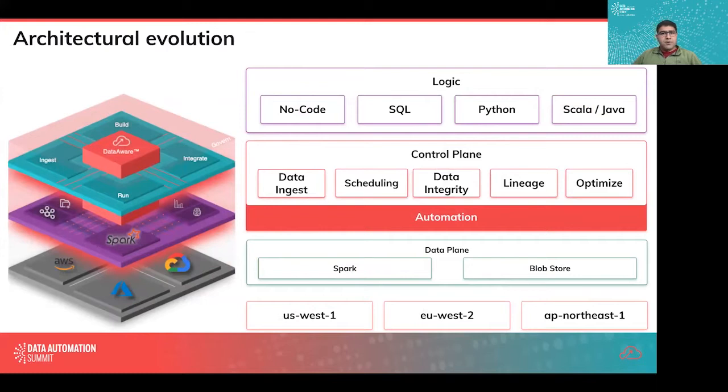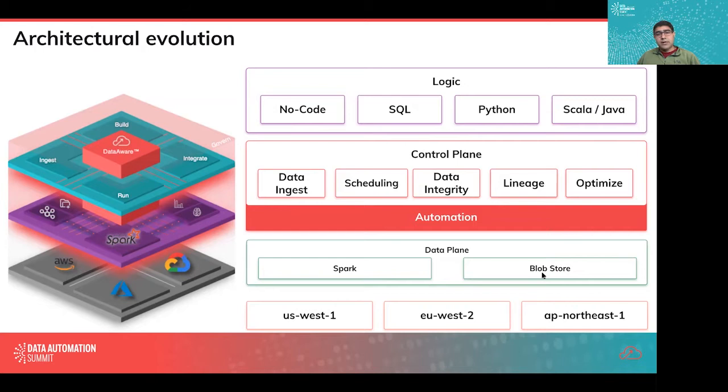And here's a different way of looking at this layered architecture. So what we used to have is essentially one flavor of data plane, with the compute engine being Spark, which is essentially Ascend's Spark offering running on Kubernetes. And the persistence layer was an object store, which in the case of AWS is S3.